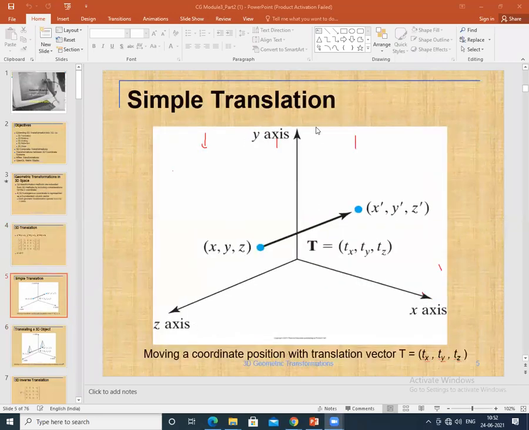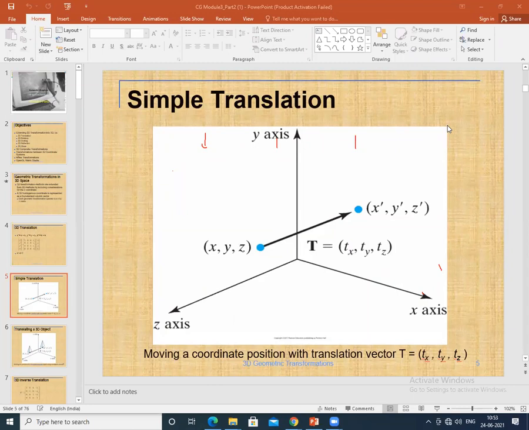Here is the concept I stated. You have the x-axis, y-axis, and z-axis. The point has been translated through the translation factors tx, ty, tz.